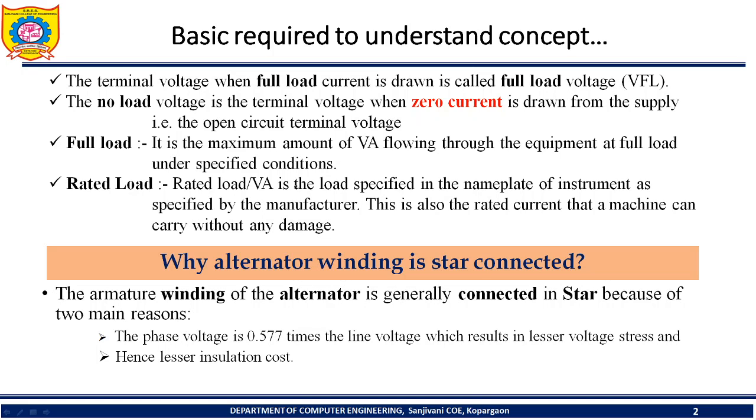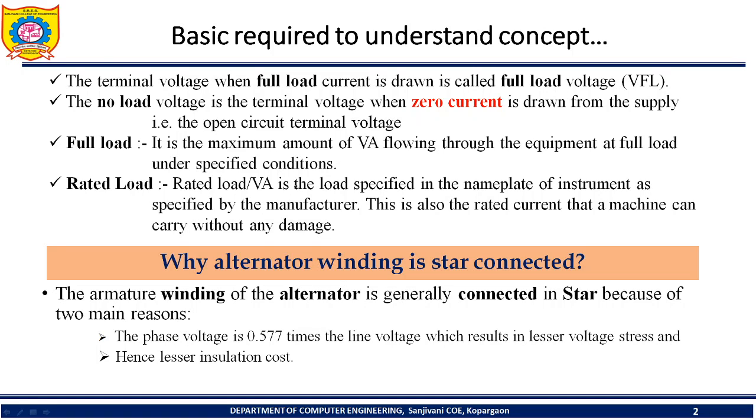Again there is a question: why is the alternator winding star connected? Already I have mentioned it can be star connected or delta connected, but preferably we go for star connection. The reason is very clear.